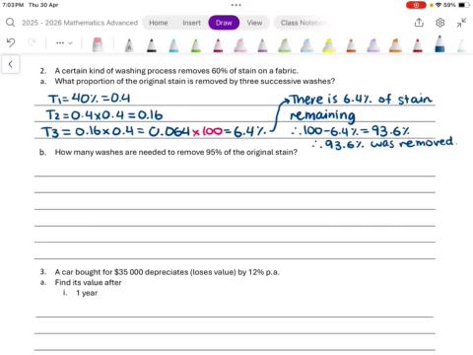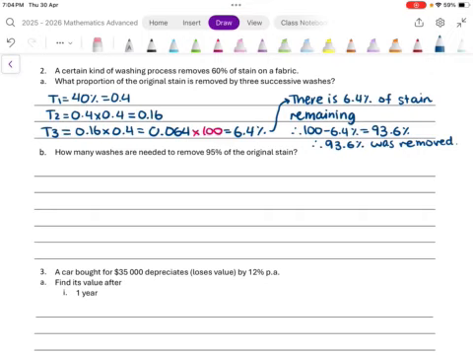Now it's really important that we are changing this to be how much stain is left. If you were to do it the other way, you would not get the same result for this. Okay, so it's really important that we are doing it in this direction.